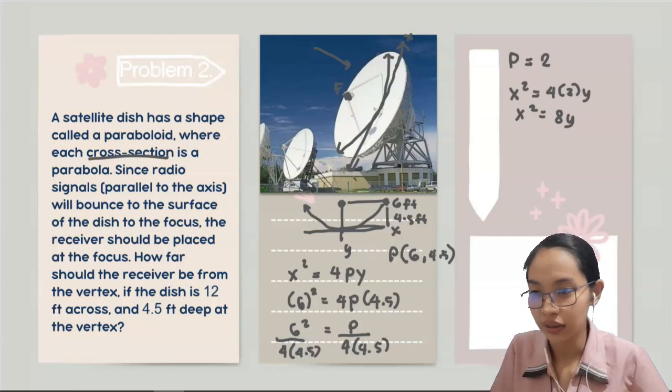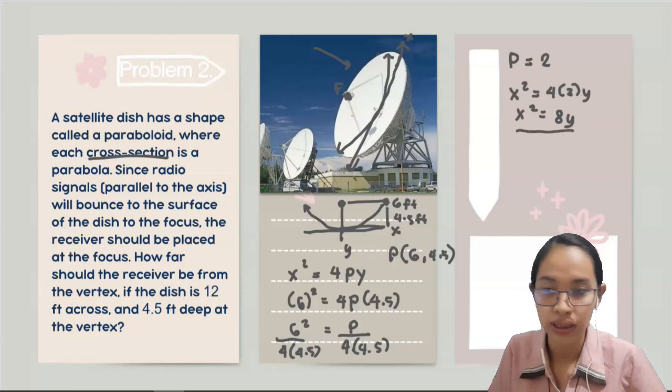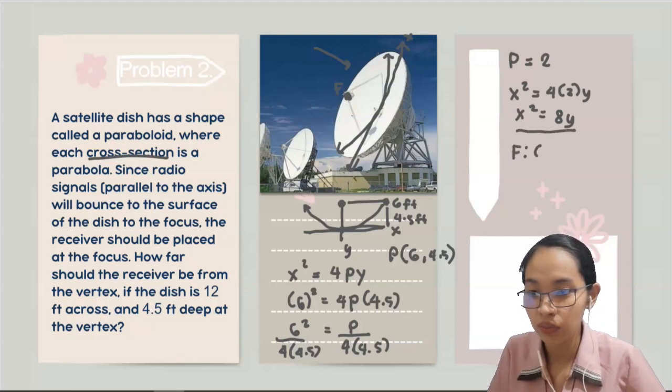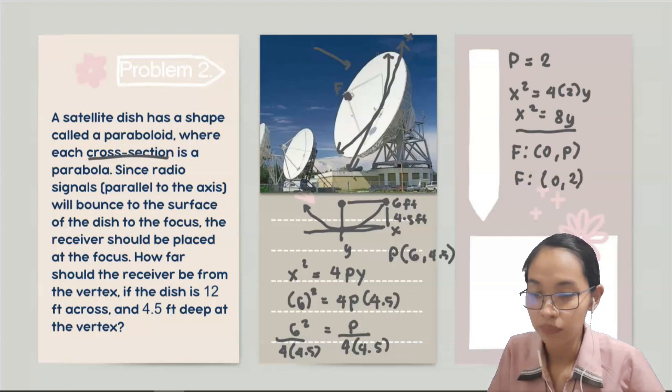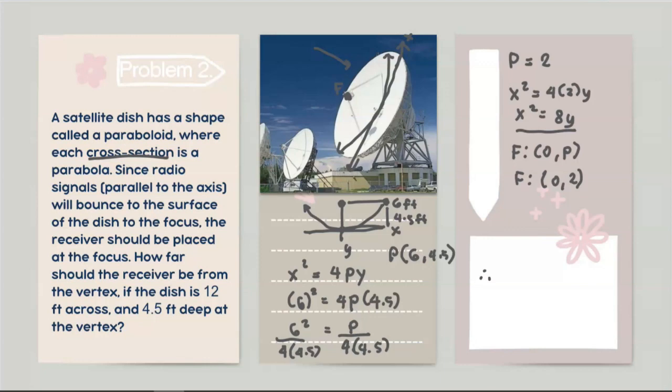However, ang tinatanong sa atin is the location of the focus. And we know that if this is our given equation, the focus is located at 0 and positive p, or simply, our focus is located at 0 and positive 2. Therefore, the focus must be 2 feet away from the vertex.